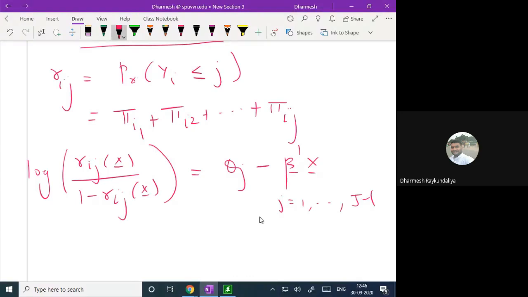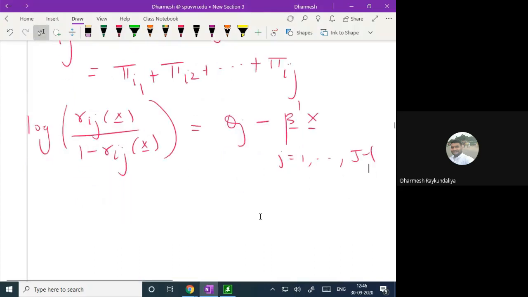Why J minus 1? Because at the last, 1 minus the cumulative probability up to J minus 1 gives pi_J. Theta_j is the intercept parameters, and beta is the slope coefficient.